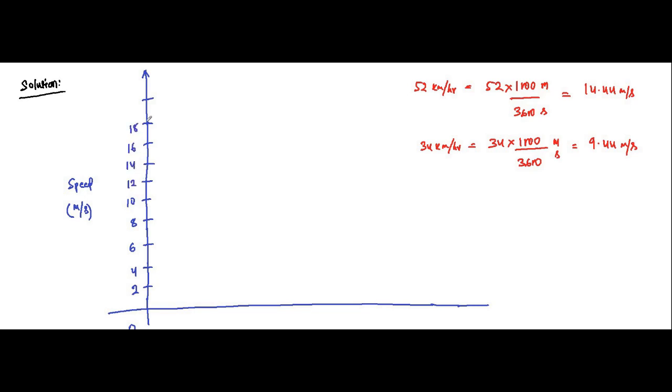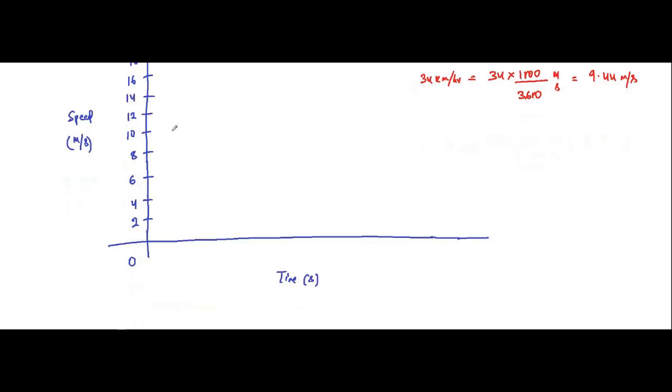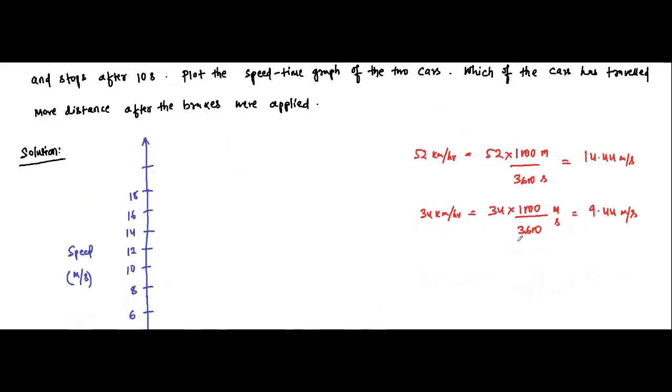Up to this it will be sufficient. And then similarly, 2, 4, 6, 8, 10, 12, 14, 16, and likewise 18. So here we have to plot the speed-time graph.